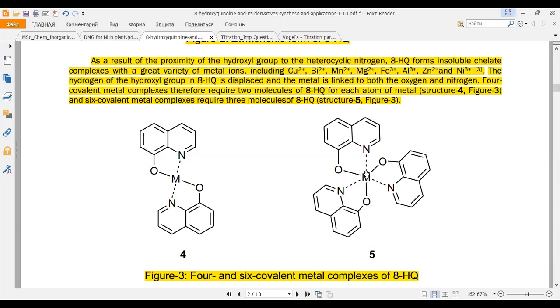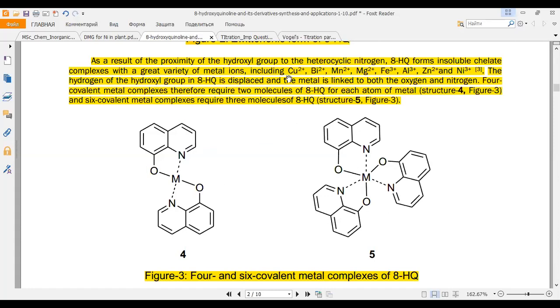Similarly, if they are forming 6 covalent bonds with the metal, then you require 3 of the 8HQ. As you can see here, 6 of them require 3. It's like a 6 covalent metal complex requires 3, and a 4 covalent metal complex requires 2 DMG.